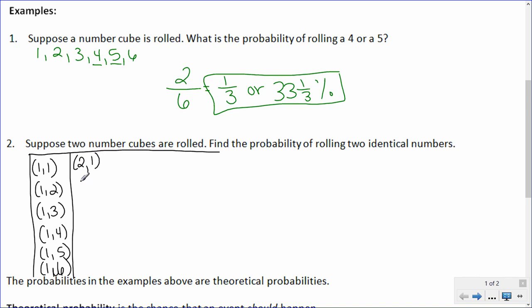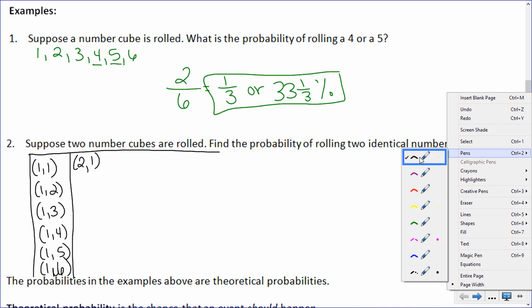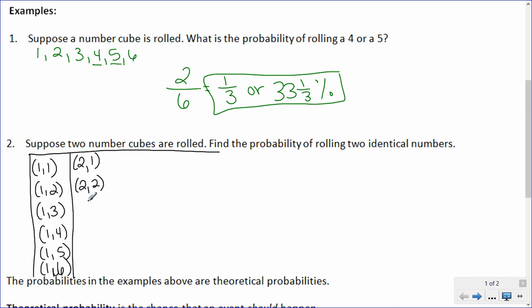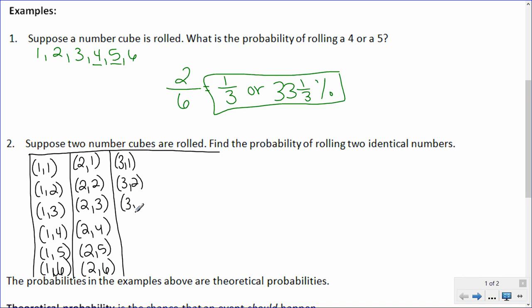Well, the other options would be a 1, a 2, a 3, a 4, 5, or 6. And then the same thing for 3, and of course the same thing for 4, and for 5, and for 6.